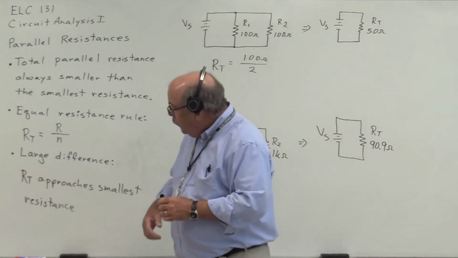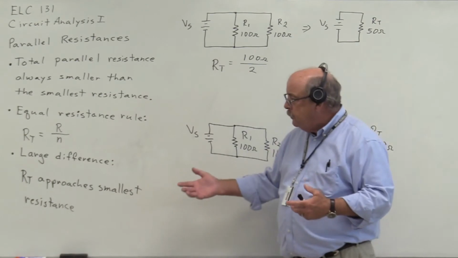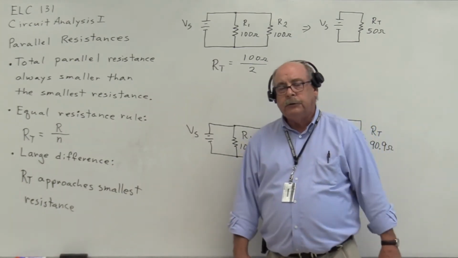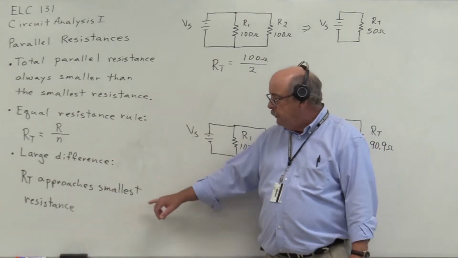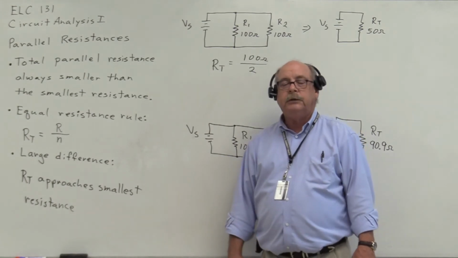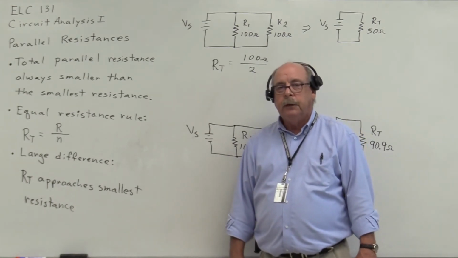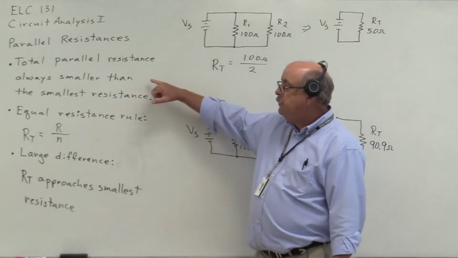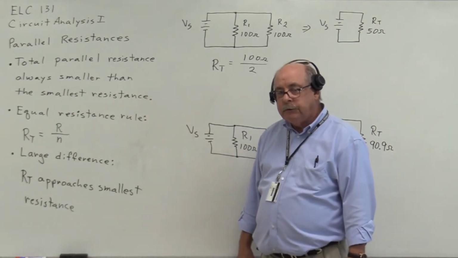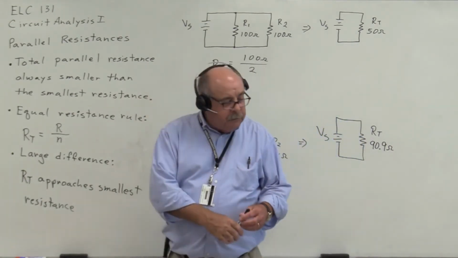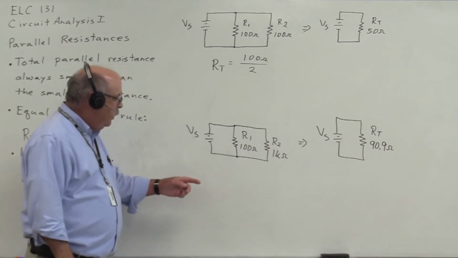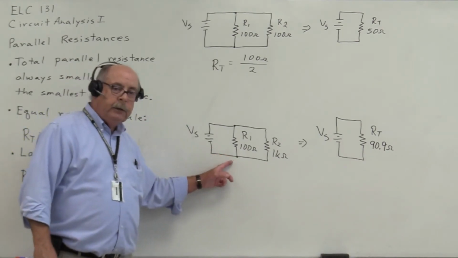Now, when there's a large difference between the values of resistors connected in parallel, the total resistance will always approach the smallest resistor. However, it always has to be smaller than the smallest resistor. Take, for example, this circuit where we have two resistors connected in parallel.